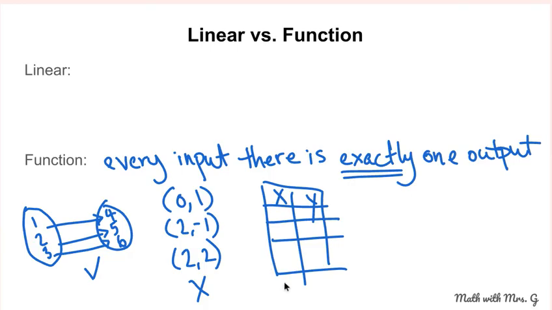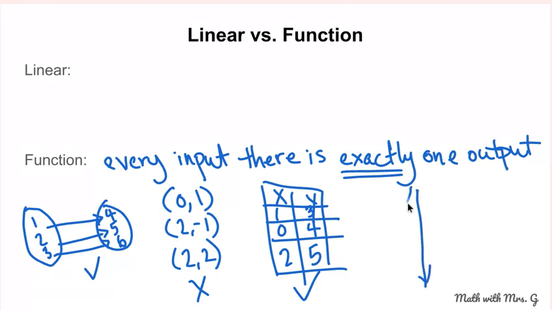We visually are looking at the x's to see are there any repeats in terms of same input having two different outputs. So I look here and I say there's only one 1, only one 0, only one 2. So even if they had the same output, I don't care. I just want to make sure every input has exactly one output. So yes, that's a function.